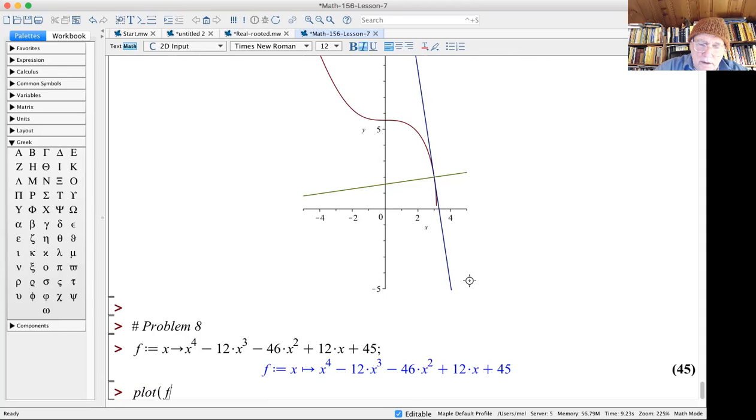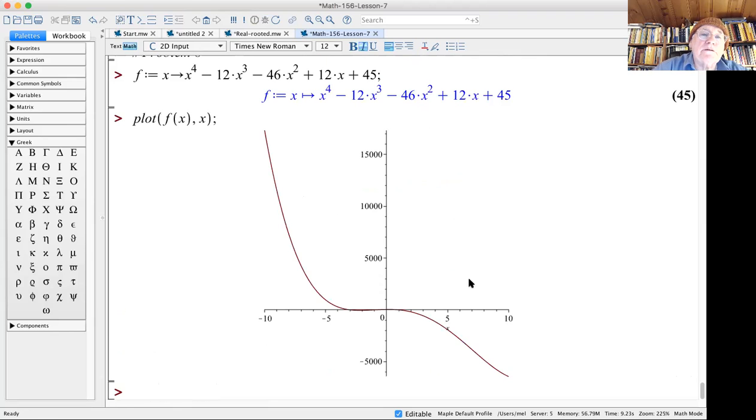Let's plot f of x. Again, it's of degree 4, so it has to turn around and come up.